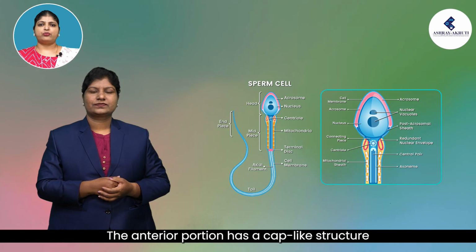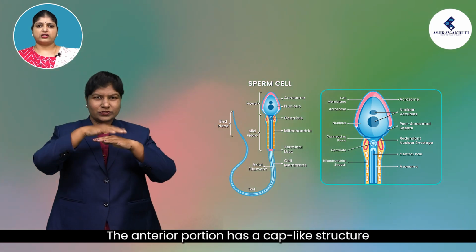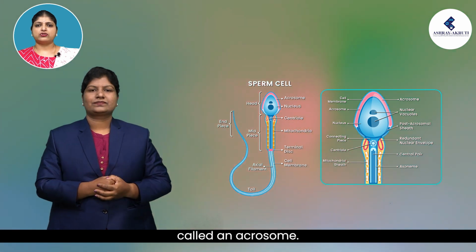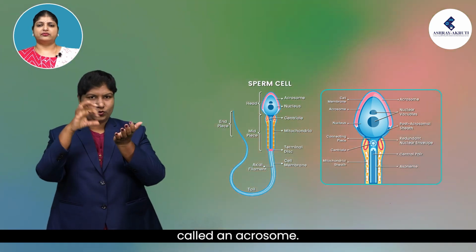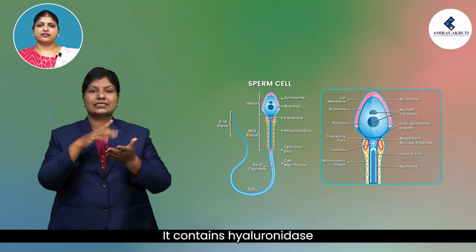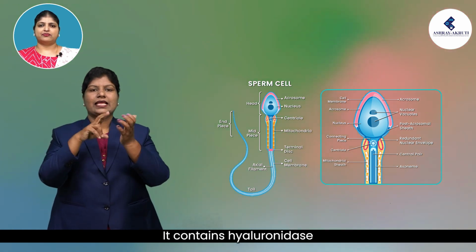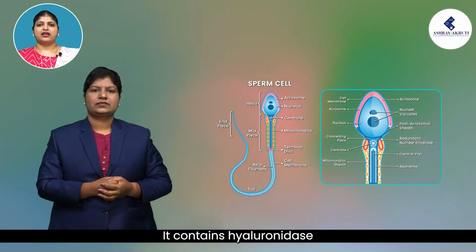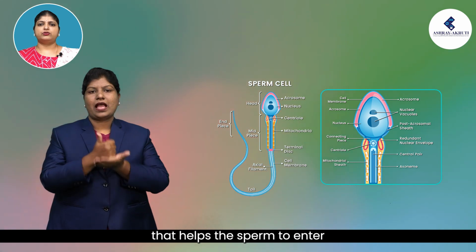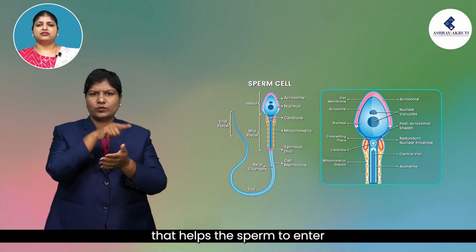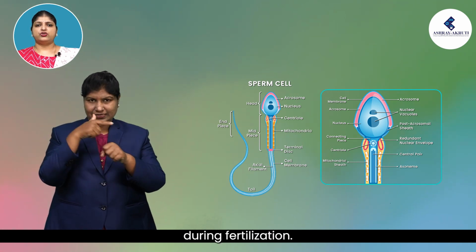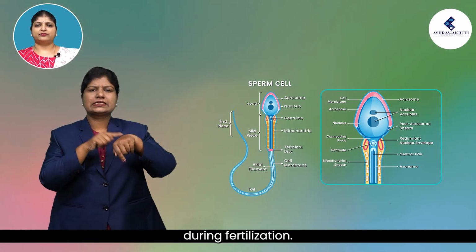The anterior portion has a cap-like structure called an acrosome. It contains hyaluronidase, an enzyme that helps the sperm to enter the ovum during fertilization.